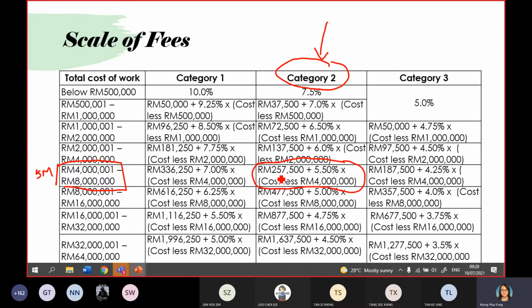You just use 257,500 plus 5.5% times the cost, meaning the construction cost, the 5 million, minus the 4 million. Then you times 5.5% plus 257,000. Then you should be able to get your professional fee. So I have one requirement only: I hope you can calculate the fee properly rather than just input 1% only.